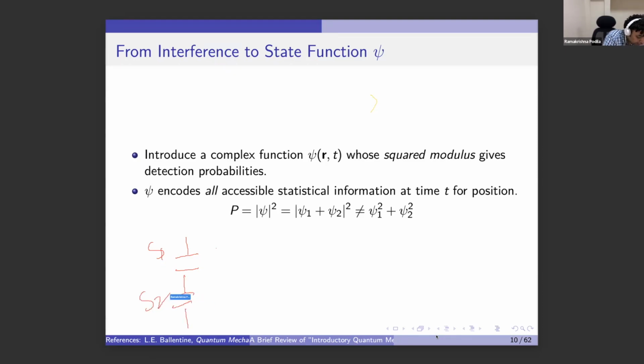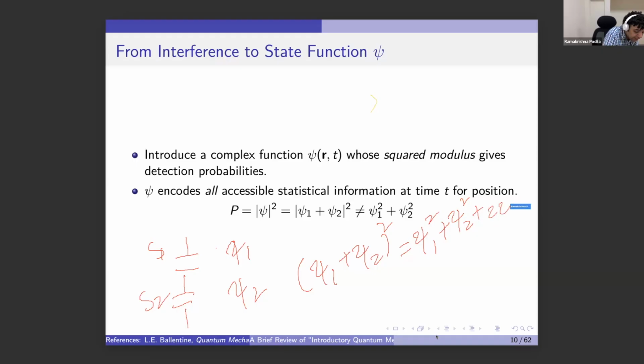If we have psi 1 for slit 1, that is the particles coming from slit 1, and psi 2 for slit 2, then when we take the amplitude squared, that is psi 1 plus psi 2 squared, based on the coherence, we would get this extra term, 2 psi 1 psi 2. So it is not equal to just psi 1 squared plus psi 2 squared, and it is this psi 1 psi 2 term that actually leads to the interference pattern, the ensemble patterns that we see.